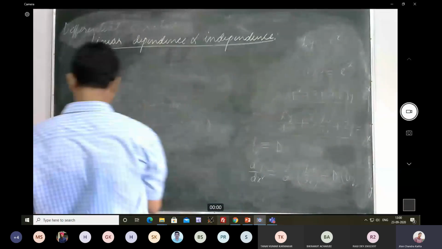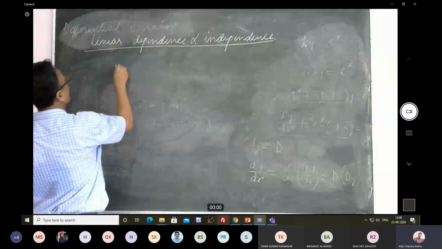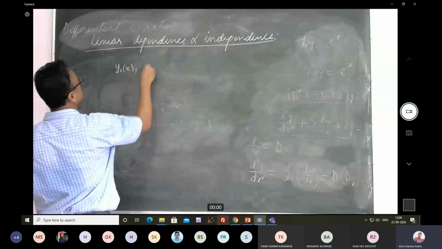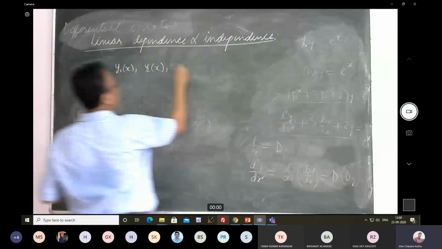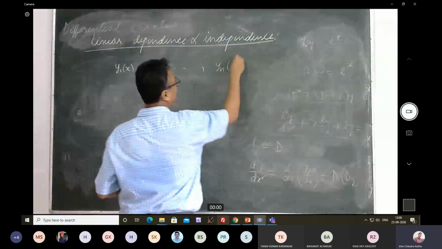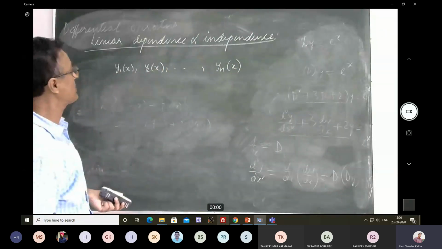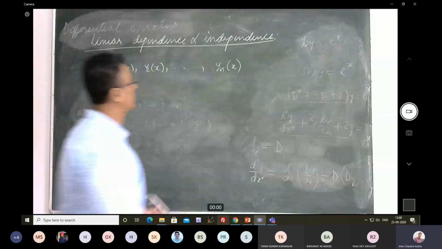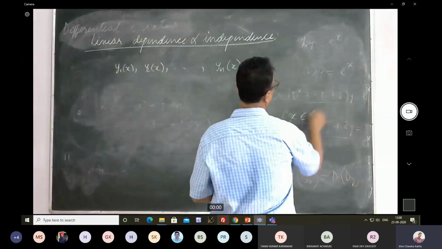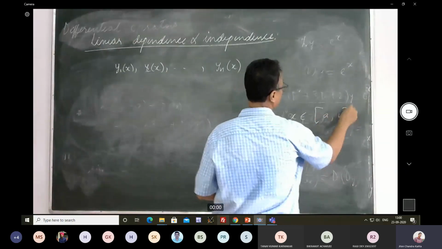You already know this. Suppose I am considering n functions, of a real variable, where x is defined in some interval, say (a, b).